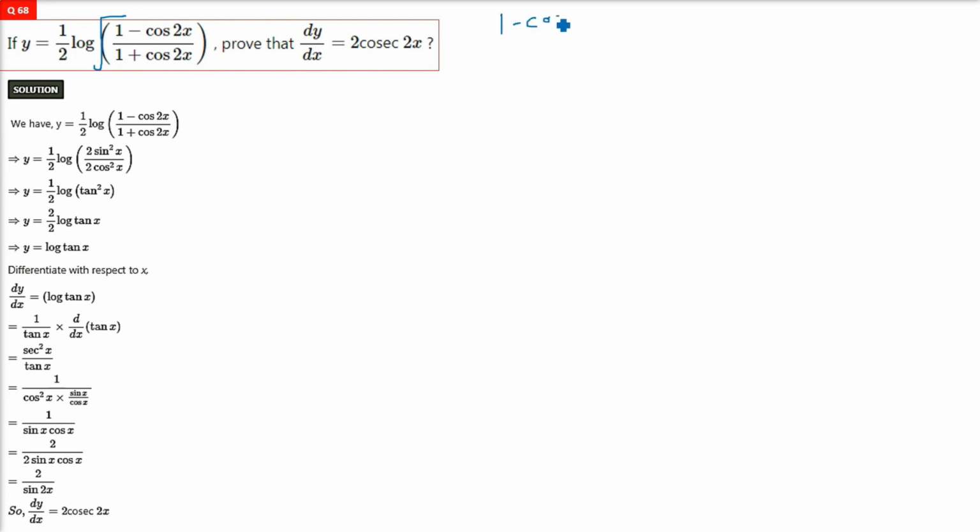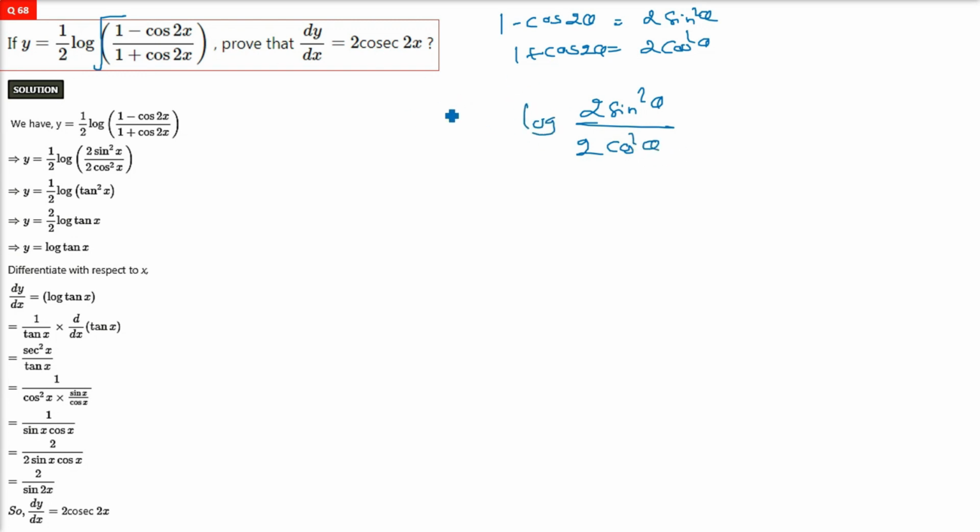Now 1 minus cos 2x, with the trigonometric knowledge, we know that this is 2 sin square theta. 1 plus cos 2 theta is 2 cos square theta. So in place of 1 minus cos 2x, just write 2 sin square theta. In place of 1 plus cos 2 theta, you can write 2 cos square theta. Log is already there. Half is already there. So I am not differentiating it, I am just trying to simplify it.